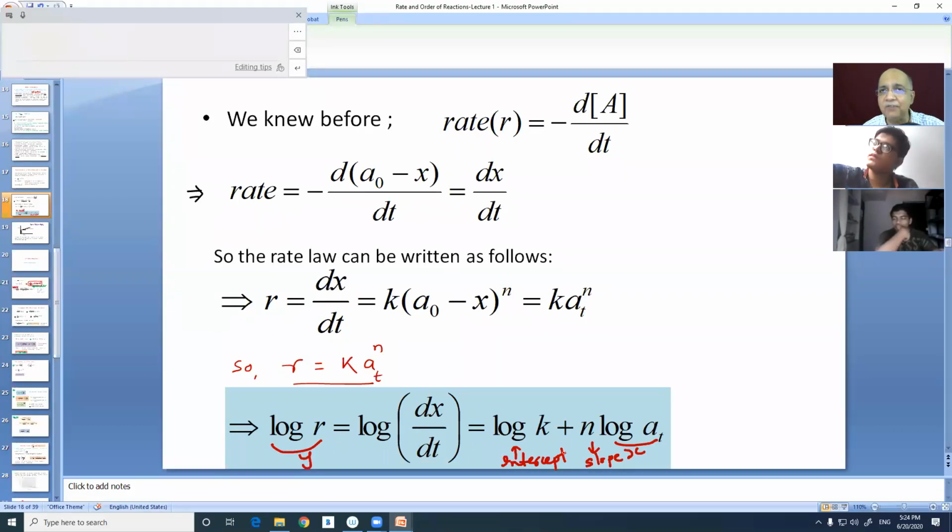From that graph, at any 10 points, you draw the tangents and find the slopes. Those are the instantaneous rates at say 10 instantaneous times. So take the log of those 10 values and the corresponding AT, the reactant concentration. Draw a graph between log R and log AT.